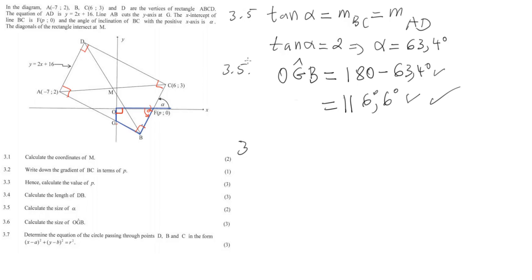Now that was 3.6. Now 3.7: determine the equation of a circle passing through these points. They say the circle passes through this point.